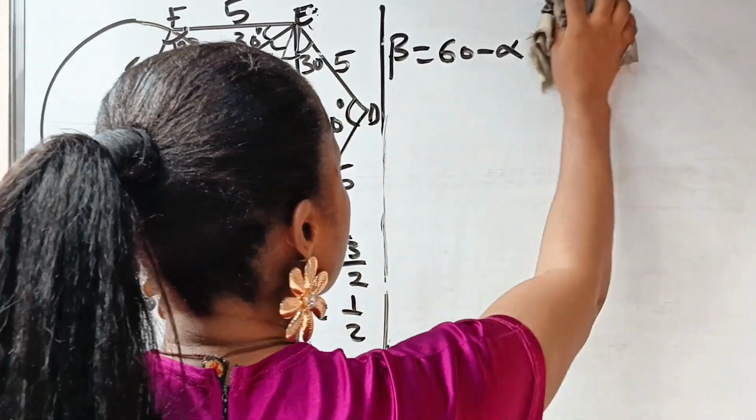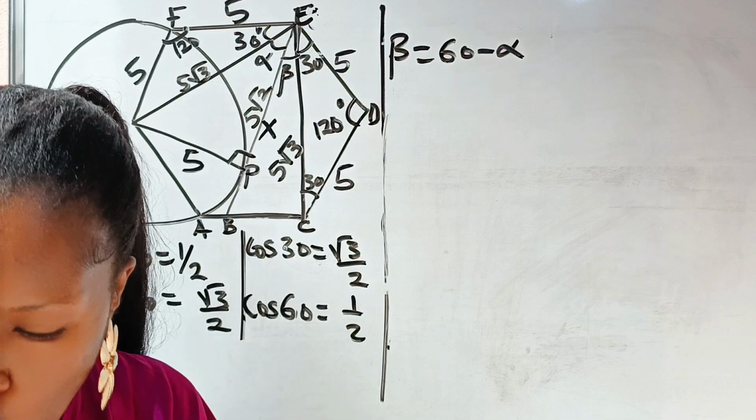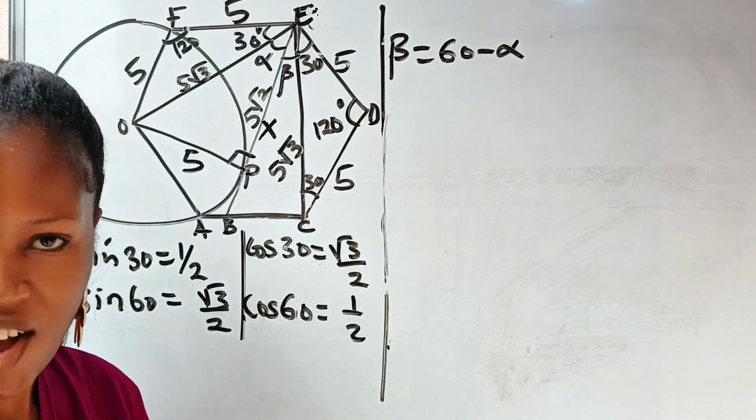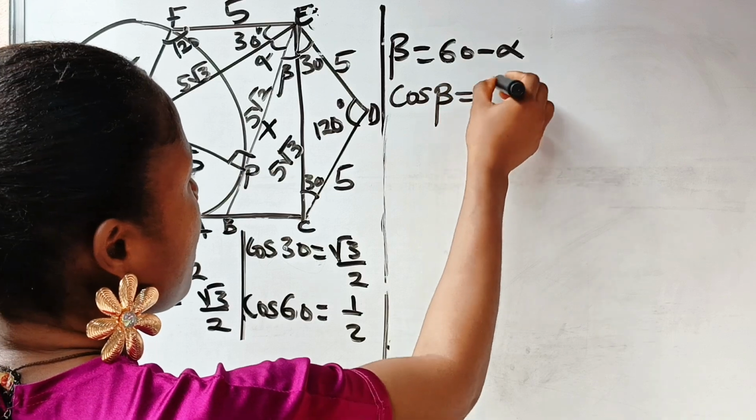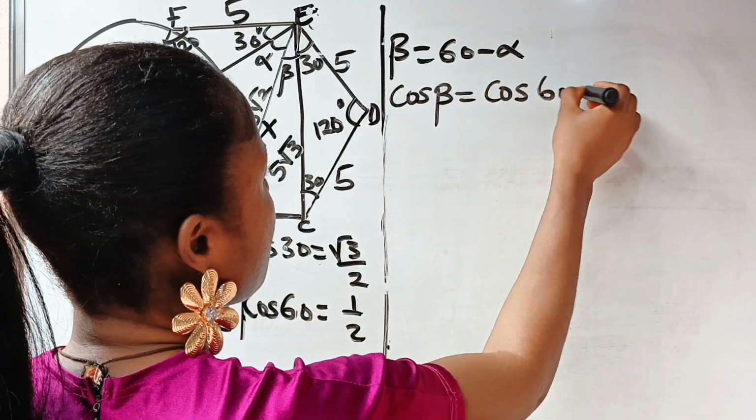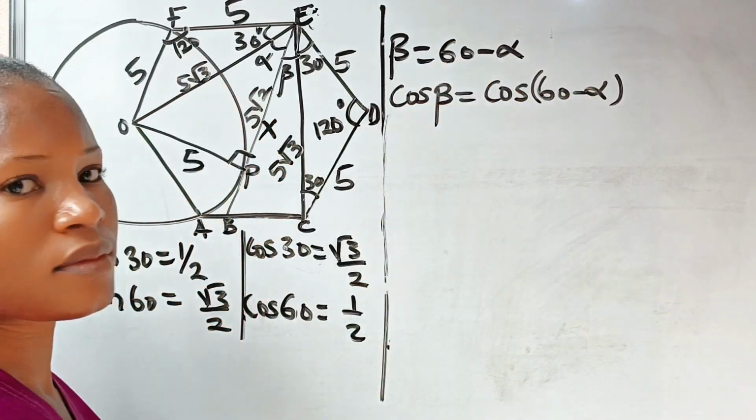So we are going to get our cos beta. Okay, so cos beta is the same thing as cos of 60 minus alpha.